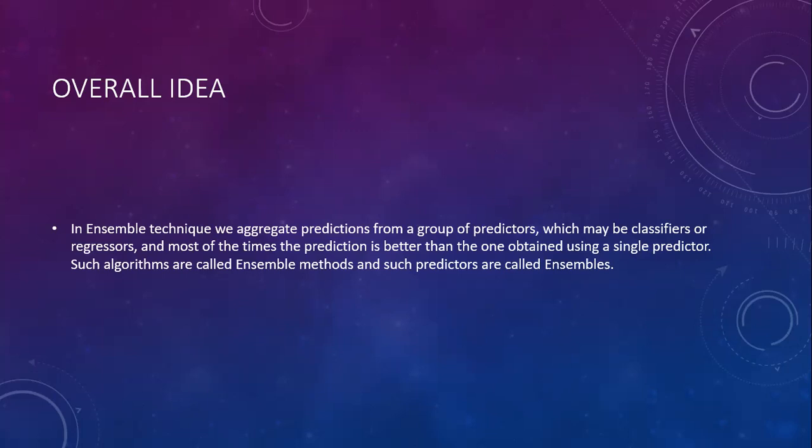But suppose there is a product where only 100 or 200 people have given reviews and the rating is 4.5, you will have some doubt about the quality of this product. Whereas where 15,000 people have shared their opinion, you will believe it. This same idea is applied in the ensemble technique.